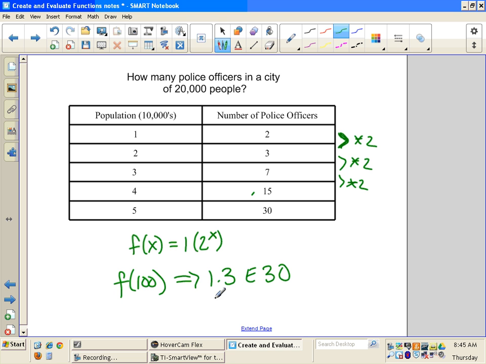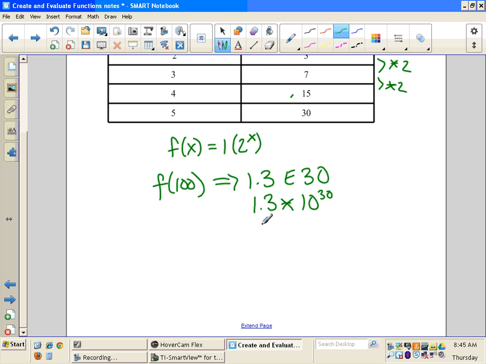This is the calculator's way of saying 1.3 times 10 to the 30th power, which means I'm writing 1.3 and I'm moving this over 30 places. So 1, 2, 3, 4, 5, 6, 7, 8, 9, 10, 11, 12, 13, 14, 15, 16, 17, 18, 19, 20. That's only 20, and you can see I need 10 more. So it's going to be a huge number of police officers.